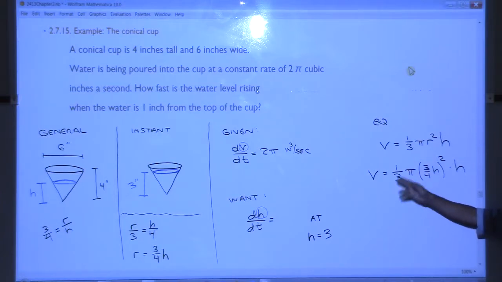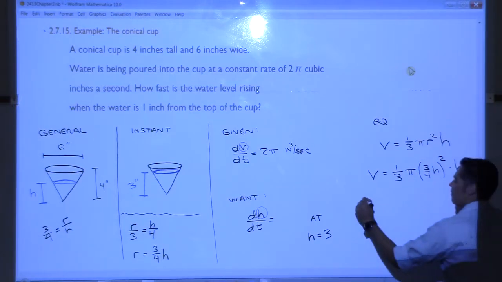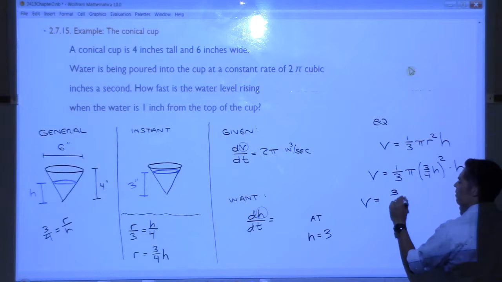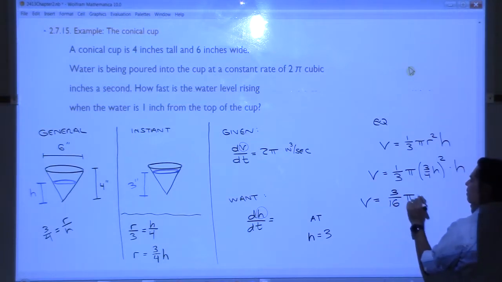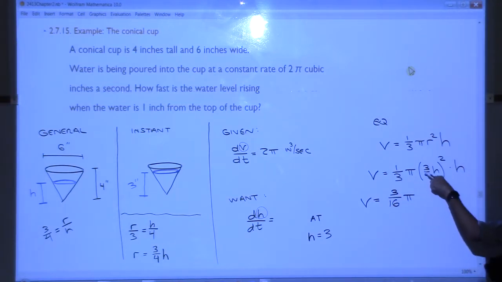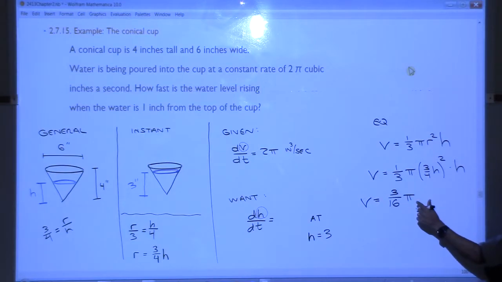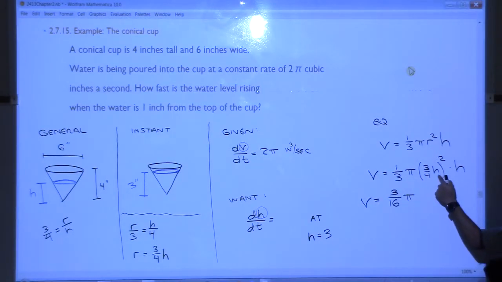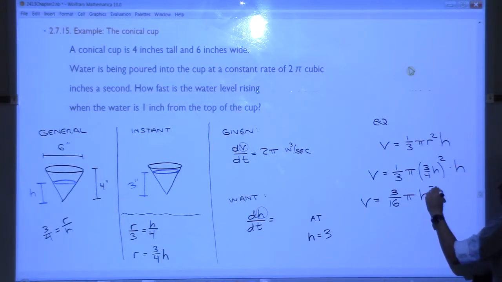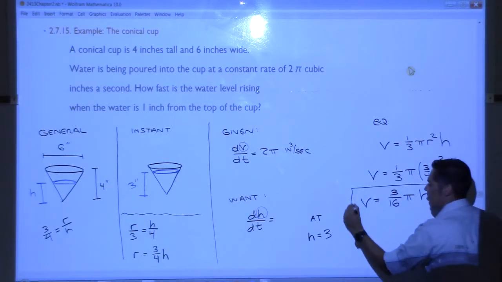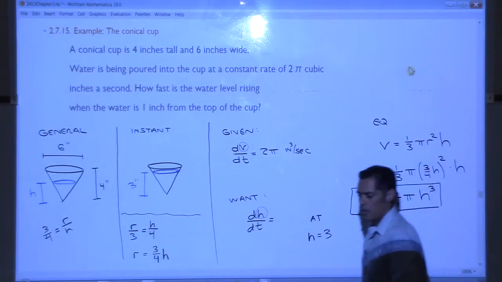So the 9 and the 3 reduce. We should get 3 over 16 pi. Everyone understand that? 9 over 16 times a third, things reduce. We still have the pi. We still have h squared times h, which is h cubed. So this, I'm going to box it. This is our new equation.